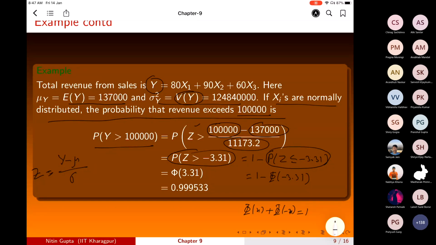So therefore we get capital phi of 3.31, and this value you can see from the table, as last time we are doing, because this will be normally distributed.